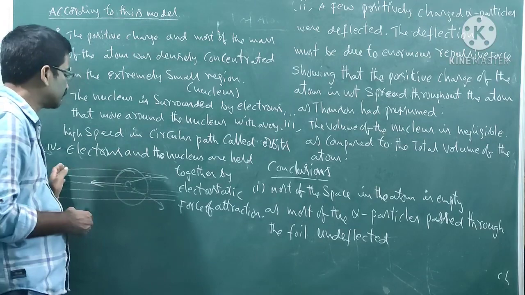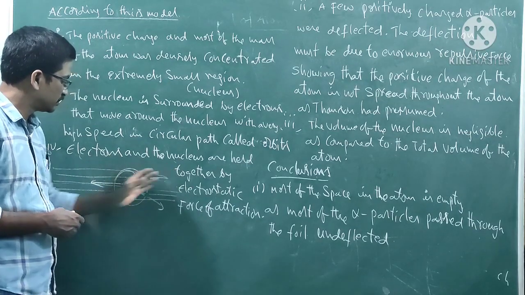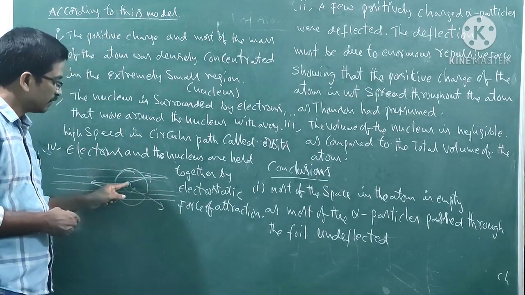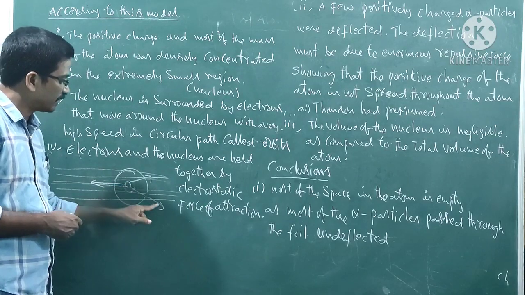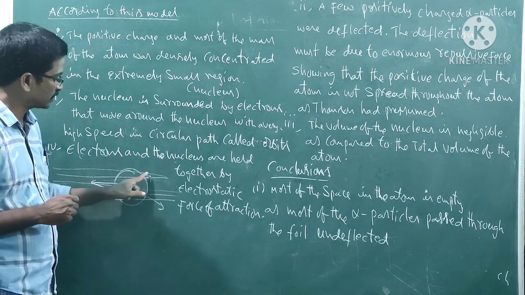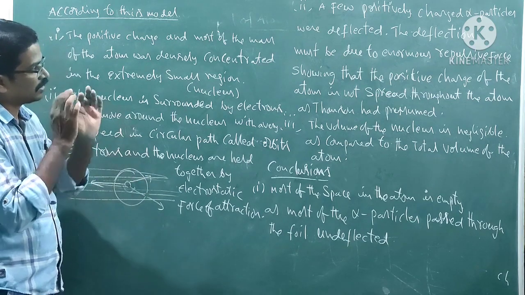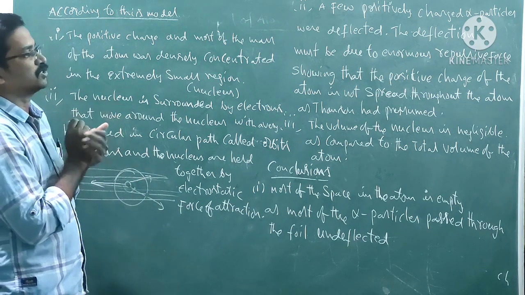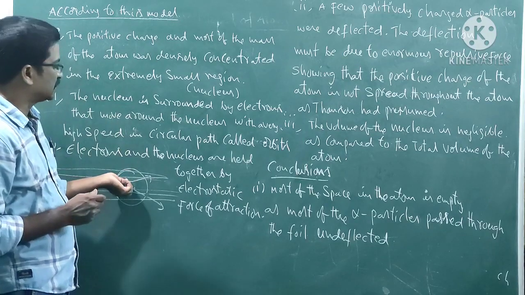That is the reason why most of the rays pass through the atom, but very few are deflected. Very few are deflected because most of the atom does not contain the positive charge. Only a small area contains the positive charge.